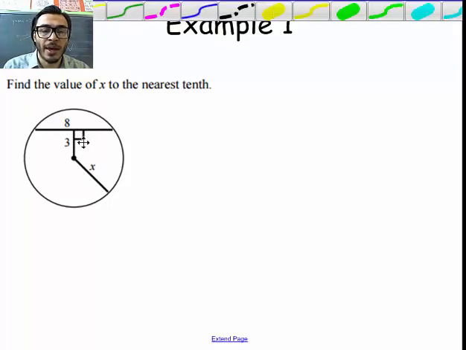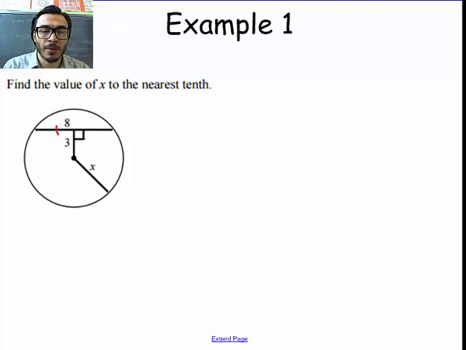So I know that this part is equal to this part, right? I know that from here to here and from that midpoint to here, those two segments are equal.